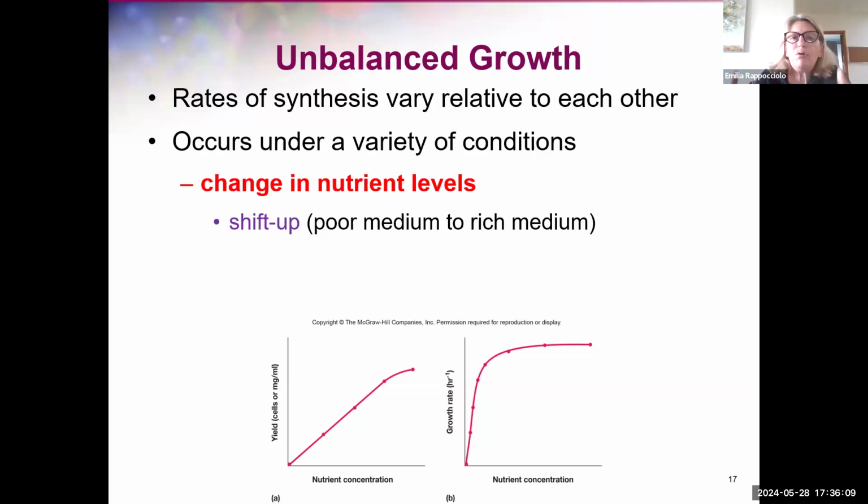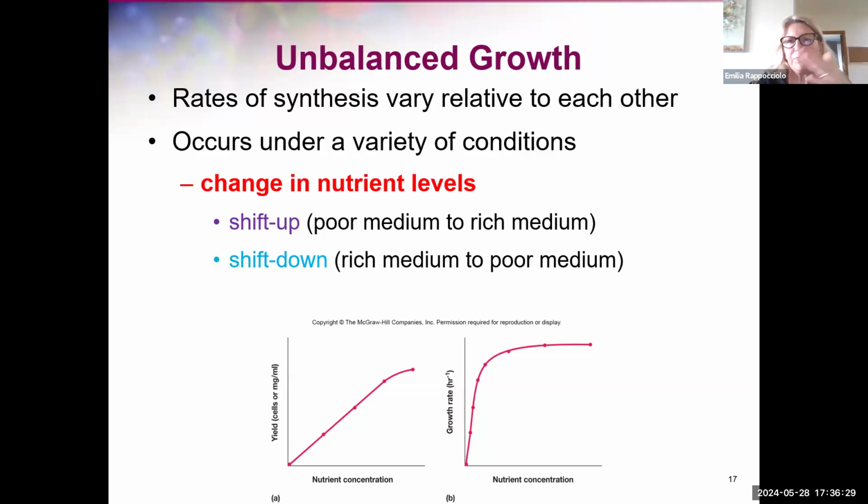If more are added, so from an environment where there is a relatively low amount of nutrient, we go to one that has more nutrients, you also have a moment where the cells are not all doing the same thing, and this is called shift up, or you can have a shift down, from a lot of nutrient to less nutrient.